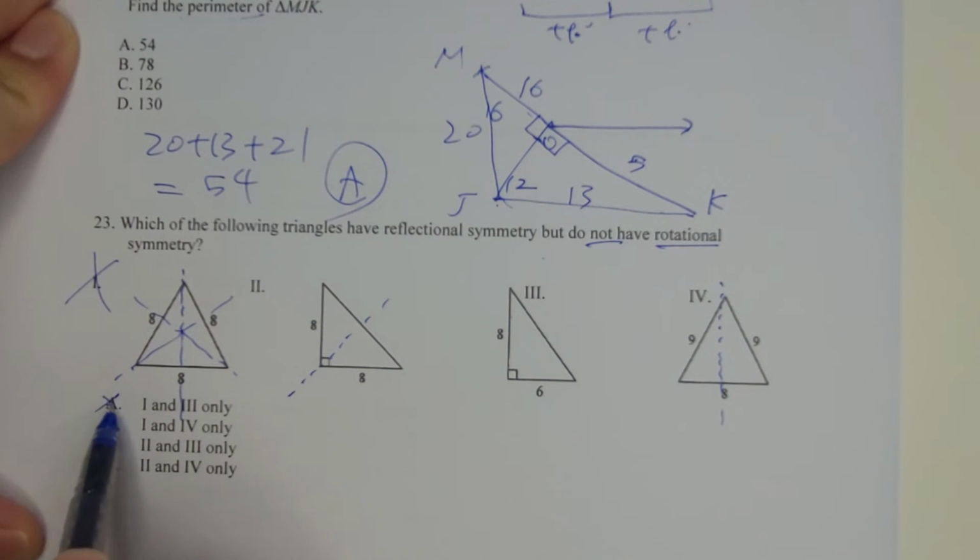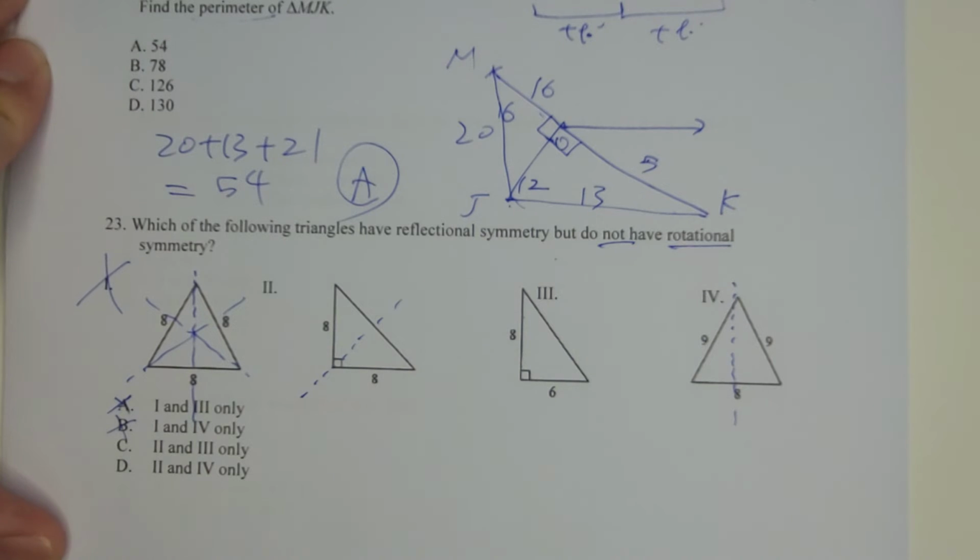Cross out option A, option B, which does not have reflectional symmetry. Look at 3. It does not have reflectional symmetry and does not have rotational symmetry. So 3 is also not the answer. That means only the possible answer D is left. The answer is D for dog.